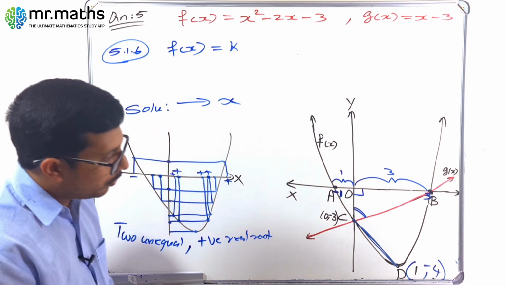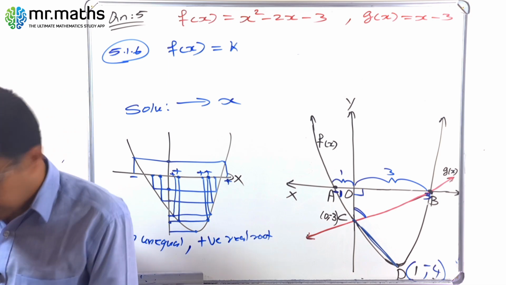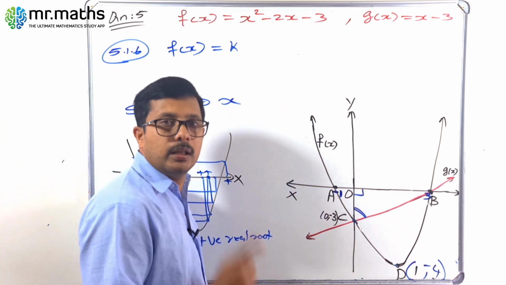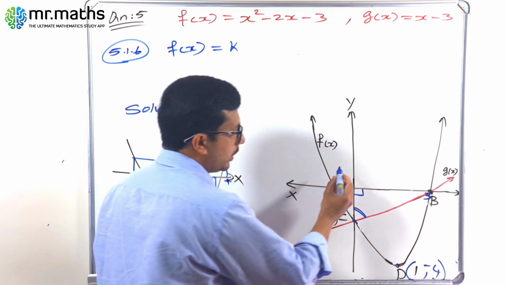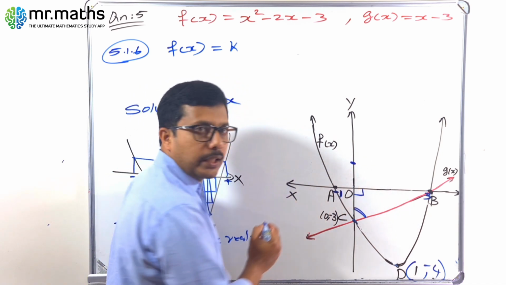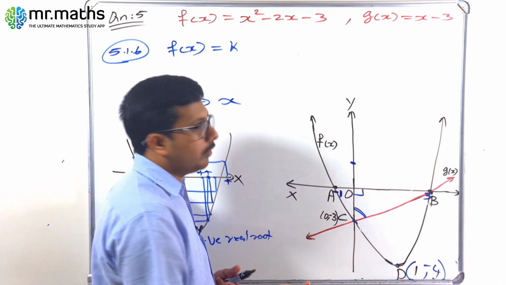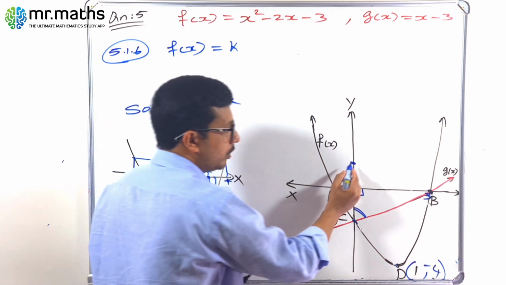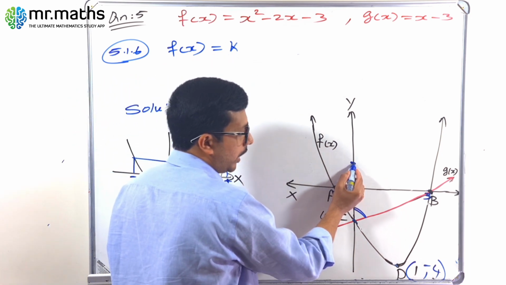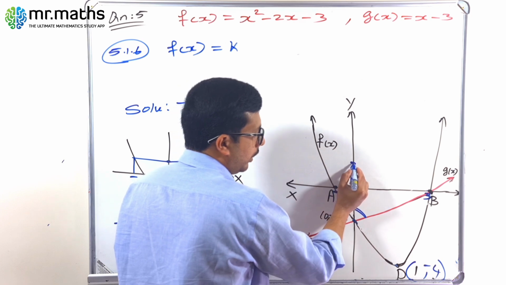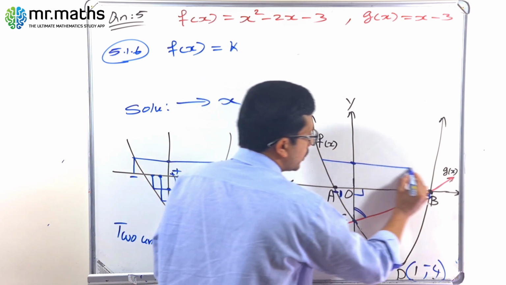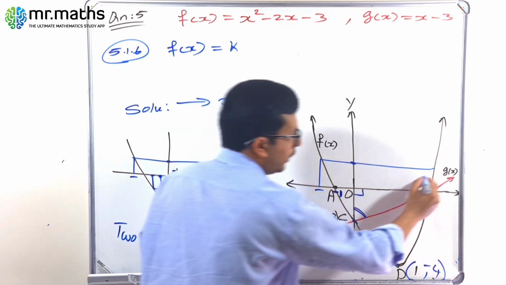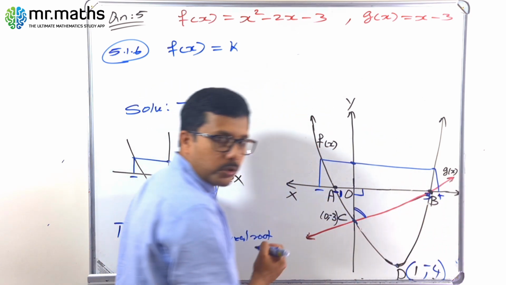Now let me erase this one. Now here if I take a y value here, y value means k value. They are saying that y is the same as k. So if I take a y value here or a k value here, I will get two x values, but one x value is negative and the other x value is positive. Am I right?